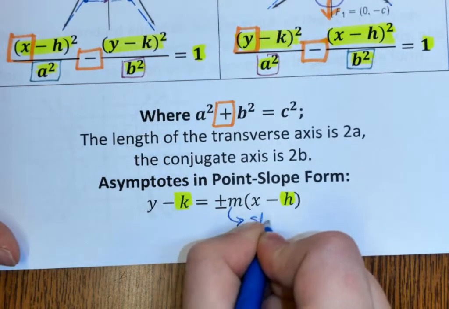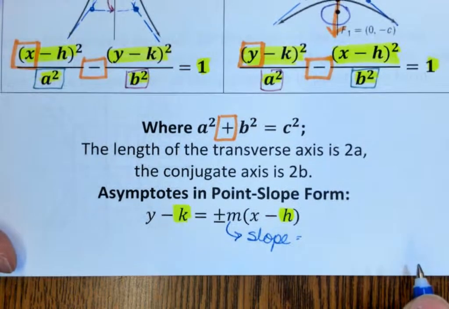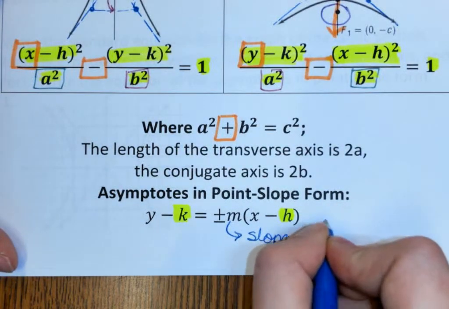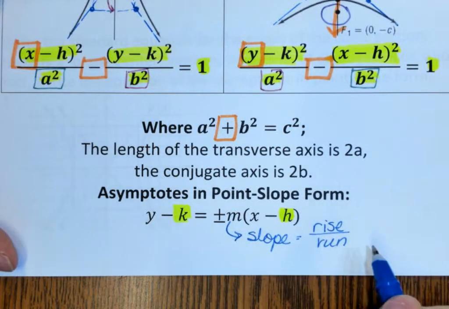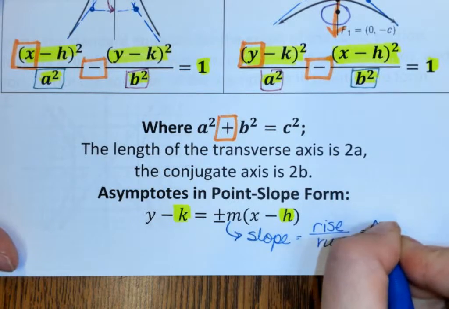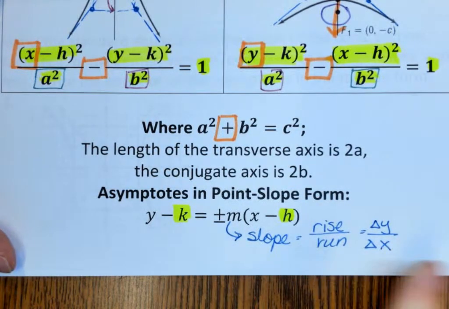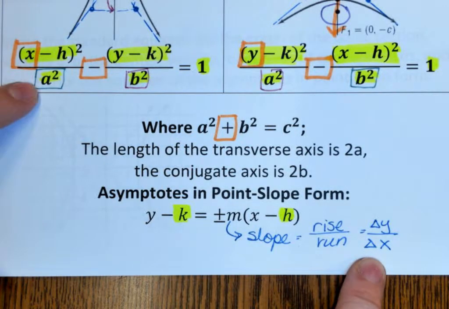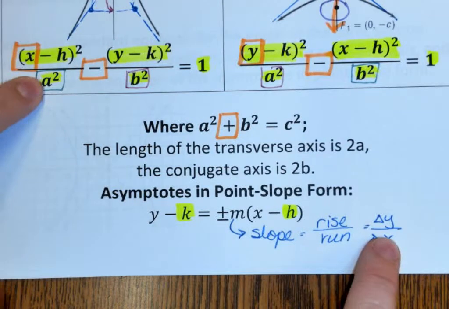Slope. Slope is what over what? Rise over run. Which axis rises? The y. Which axis runs? So you're always going to look at your square roots, and you're going to put the one from the y on top, the one from the x on the bottom.